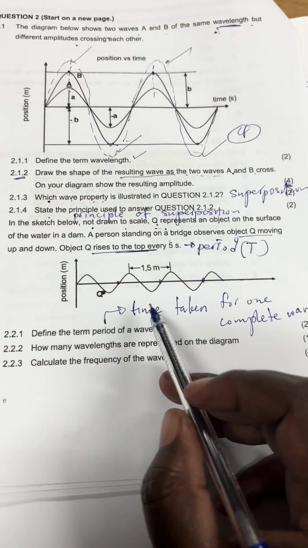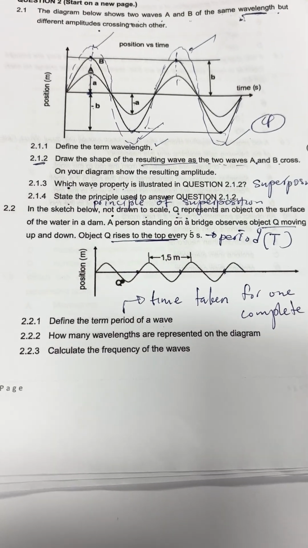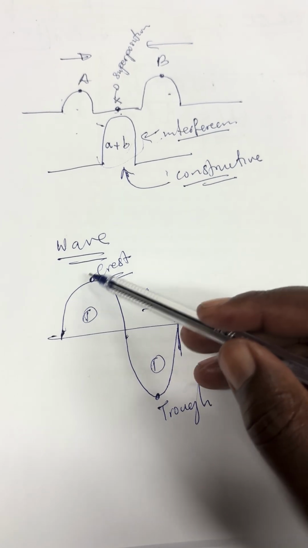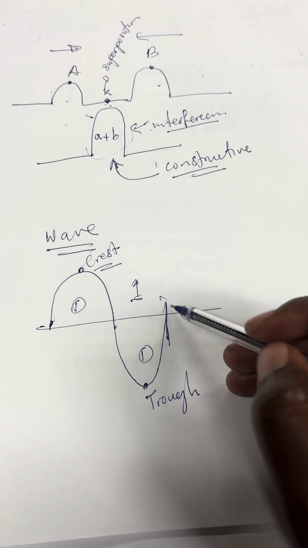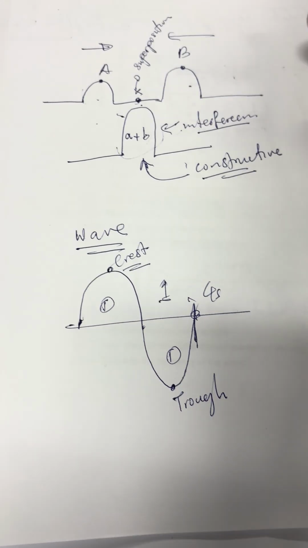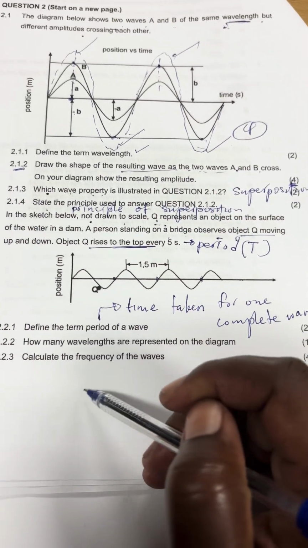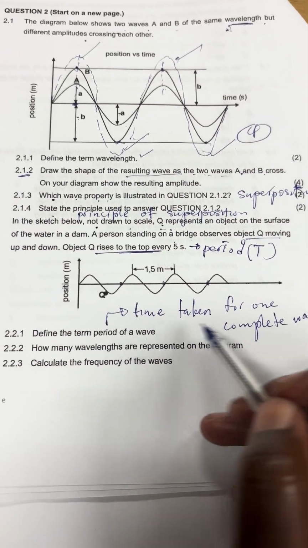So it's the time it takes to complete just one wave. Remember, I say one wave. So it takes, in this case, 4 seconds to complete that wave. For this scenario given by the examiner, you get your 2 marks.